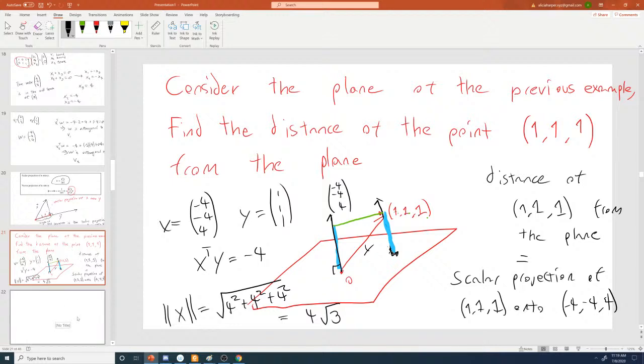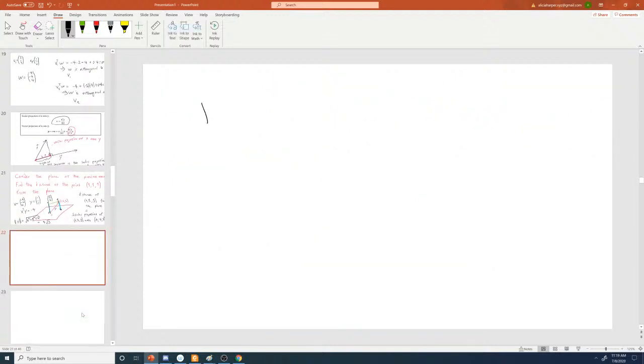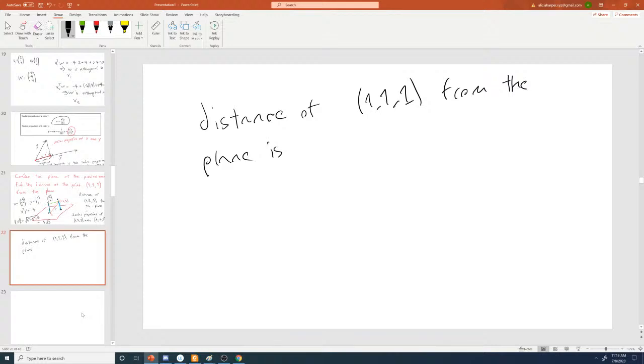So this tells us that the distance of 1, 1, 1 from the plane is -4 divided by 4 times the square root of 3.